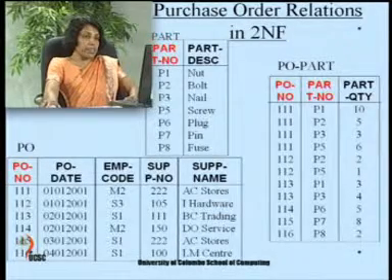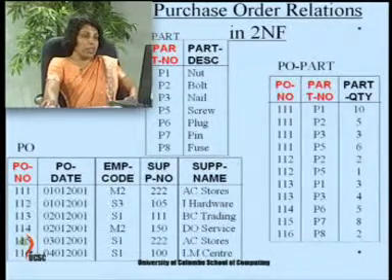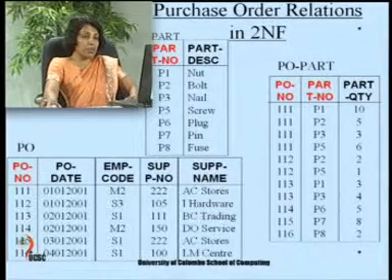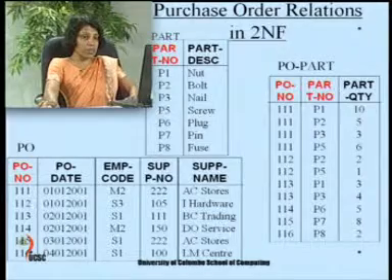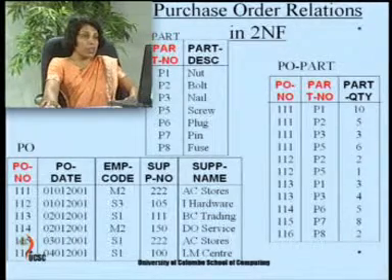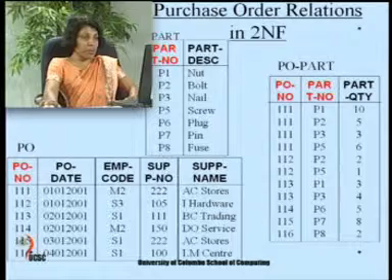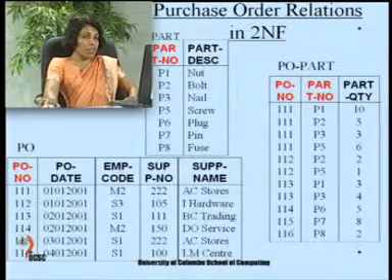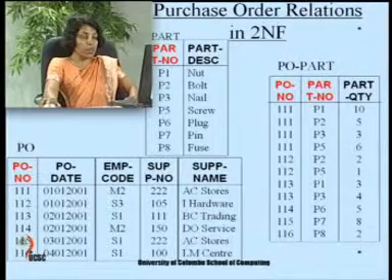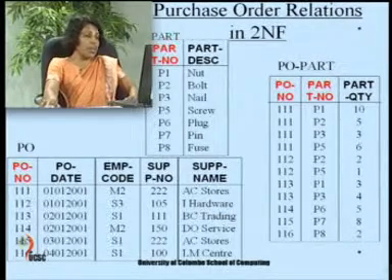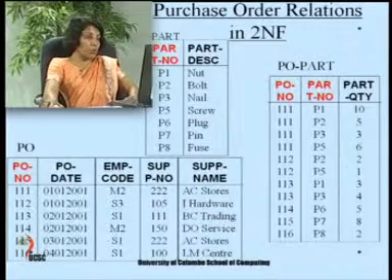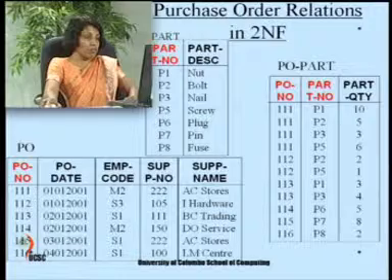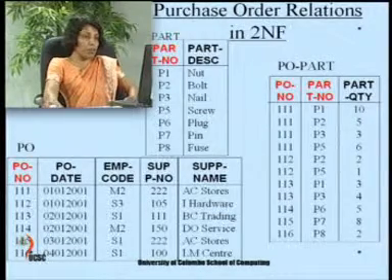So you can see that eventually we have got three relations. We decompose purchase order part to get these two relations, part and purchase order part, and then we have another relation called purchase order, which was there after going through the first normal form.